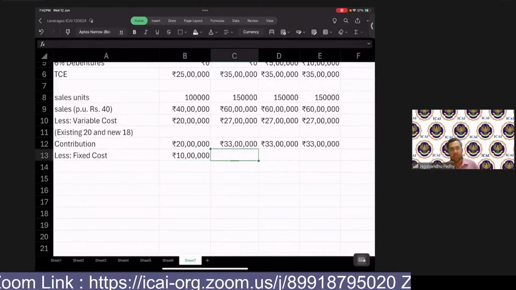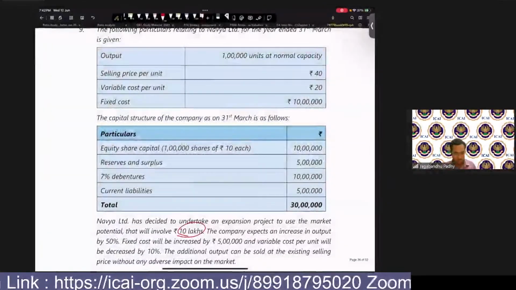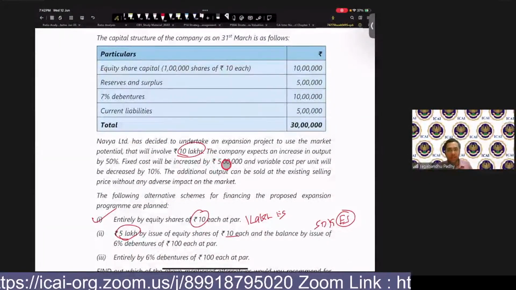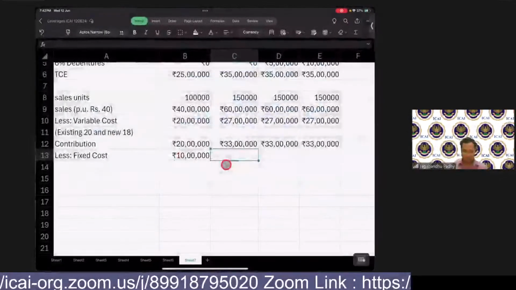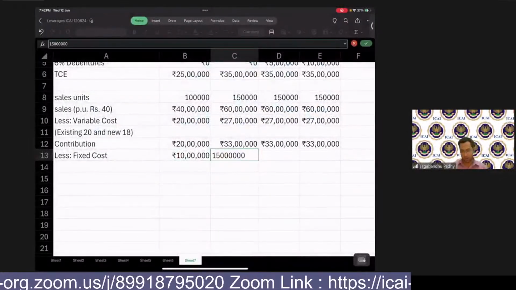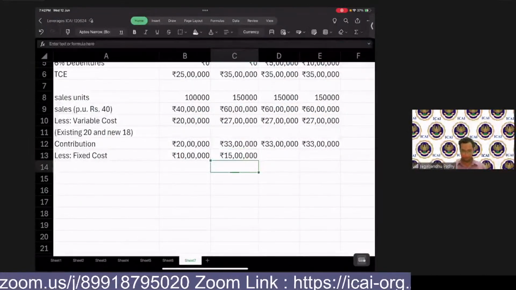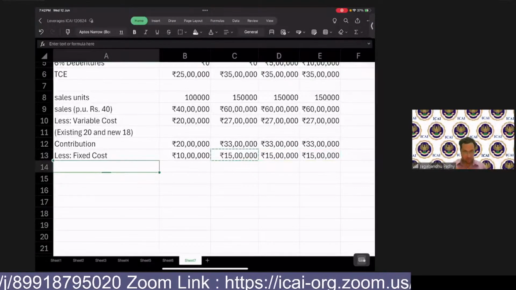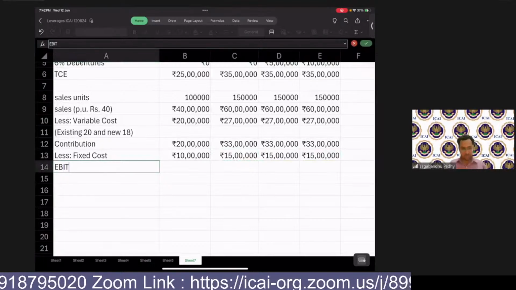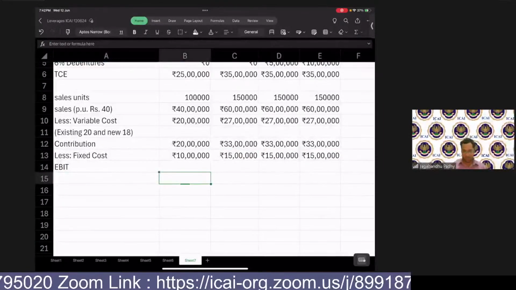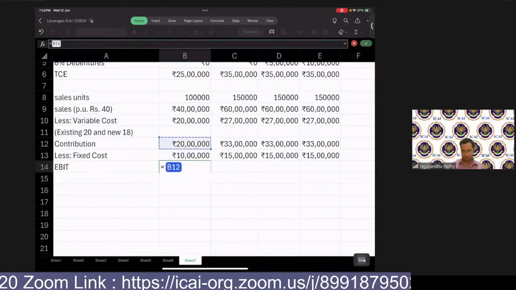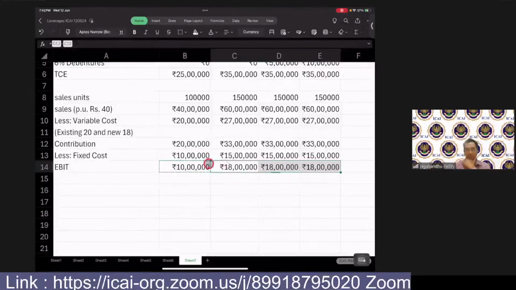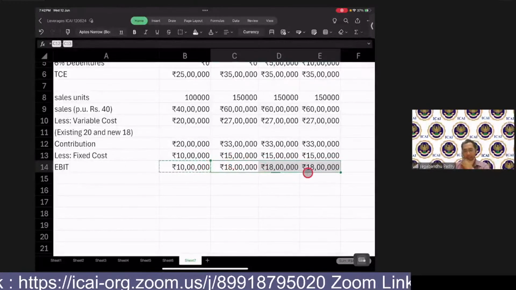But in the subsequent years, they say that fixed cost is going to increase by 5 lakhs. For the upcoming plans, we have the fixed cost figure. Instead of 10 lakh, that's going to be 15 lakh. Contribution less fixed cost is going to give us earnings before interest and tax. We got 10 lakh, 18 lakh, 18 lakh, and 18 lakh.